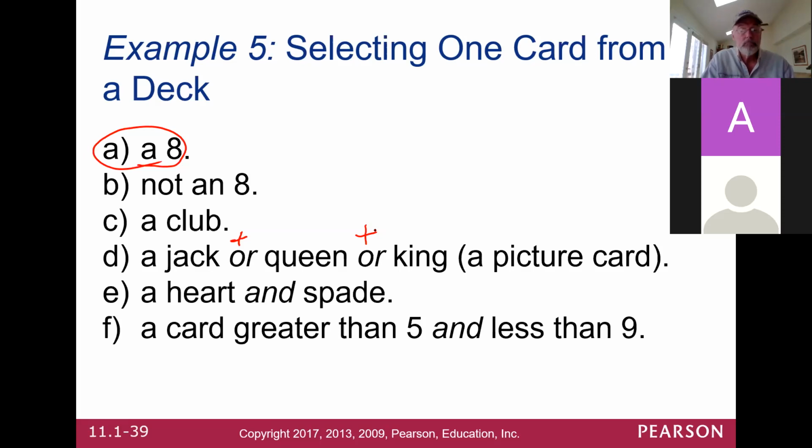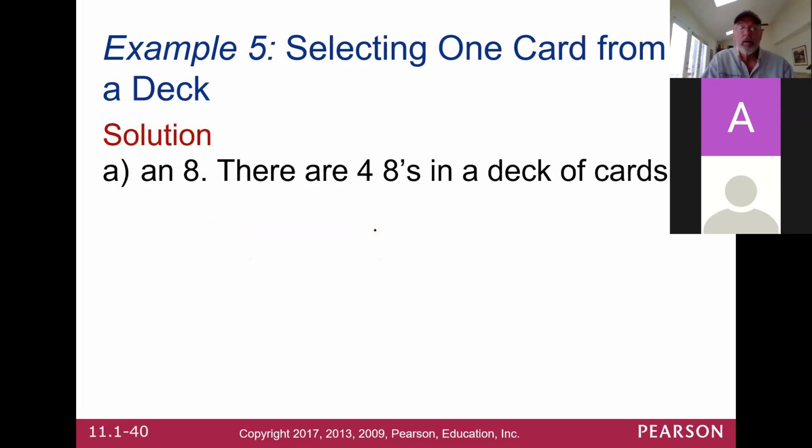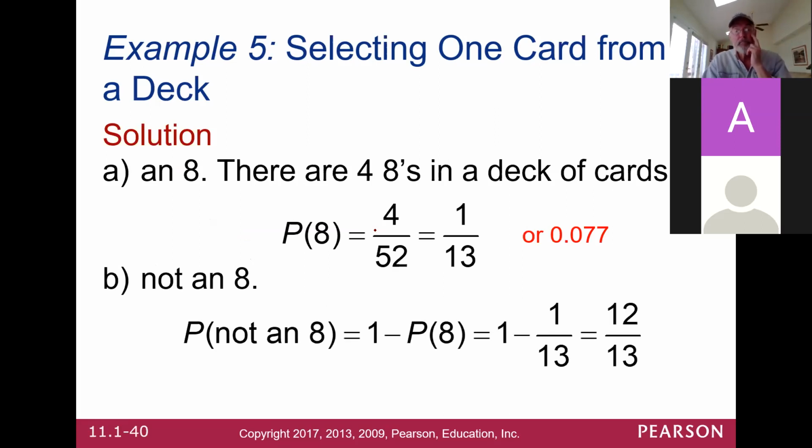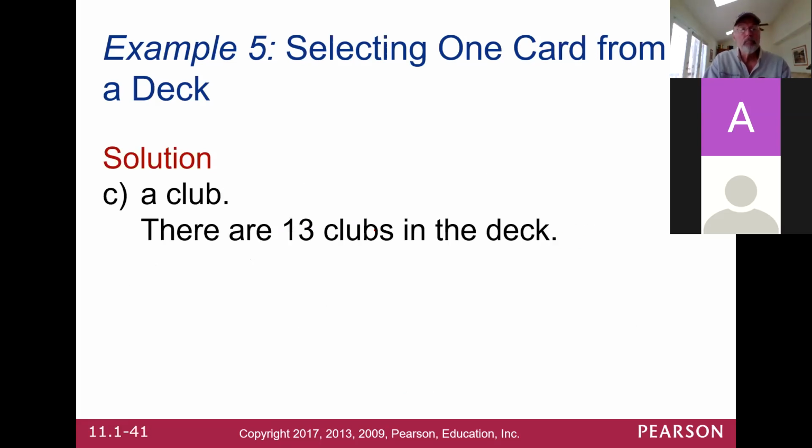Okay. So let's go ahead and think about this. The probability of an 8 is 0.077. Not an 8 would be 1 minus that, and that would be 0.923. A club is 13 cards in a deck, so that's 13 over 52.